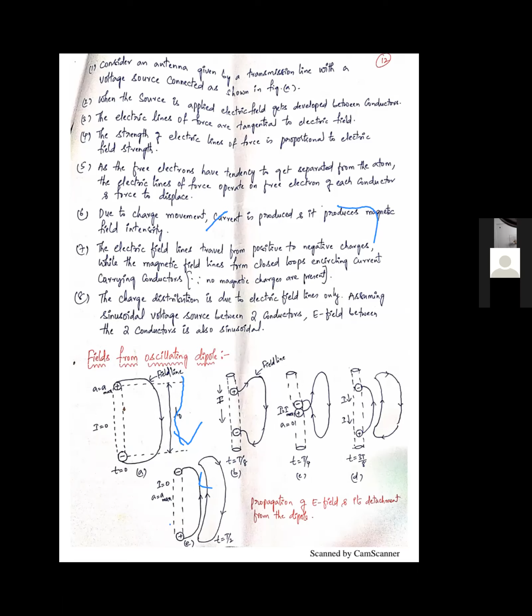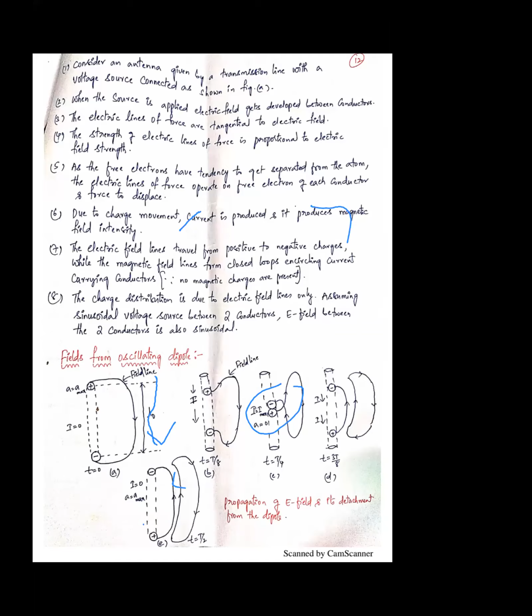You can see they have met at the midpoint and the field lines got detached. The positive one has become negative and the negative one has become positive. At this point, current is maximum, separation is minimum, and acceleration is minimum. I repeat, acceleration is minimum, separation is minimum, but current is maximum.